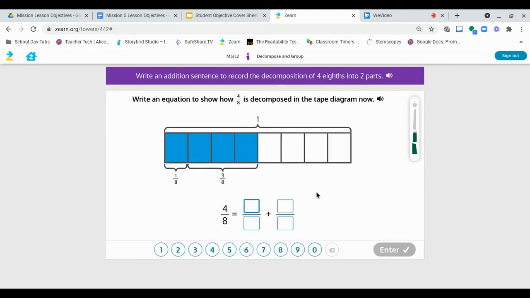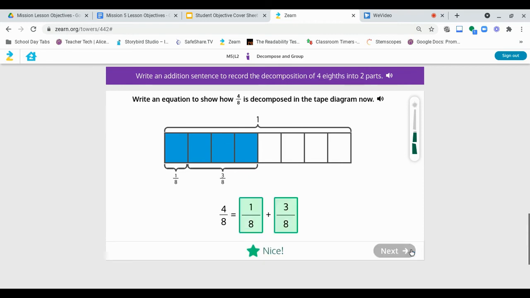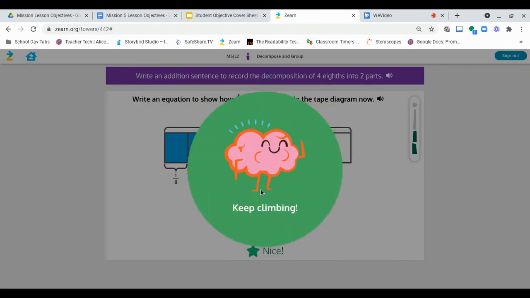Now it wants us to write an equation to show how 4/8 is decomposed in the tape diagram below. They have 1/8, so that's my first one, and then 3/8 together. So 4/8 equals 1/8 plus 3/8. Nice.